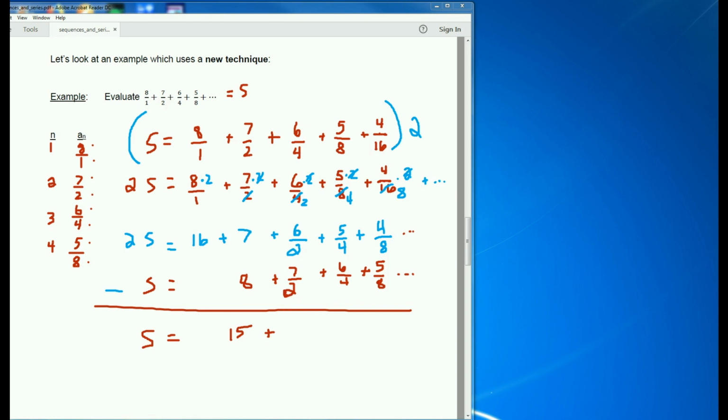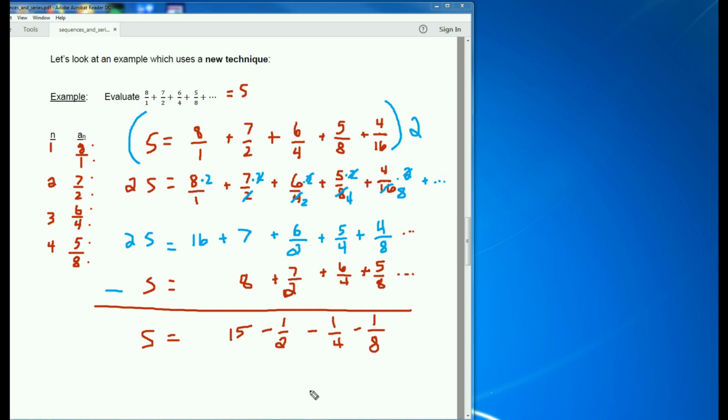So actually I'm going to change this to a minus sign. So minus 1/2. 5/4 minus 6/4 is, okay, so that's minus 1/4. 4/8 minus 5/8, well, that's minus 1/8.